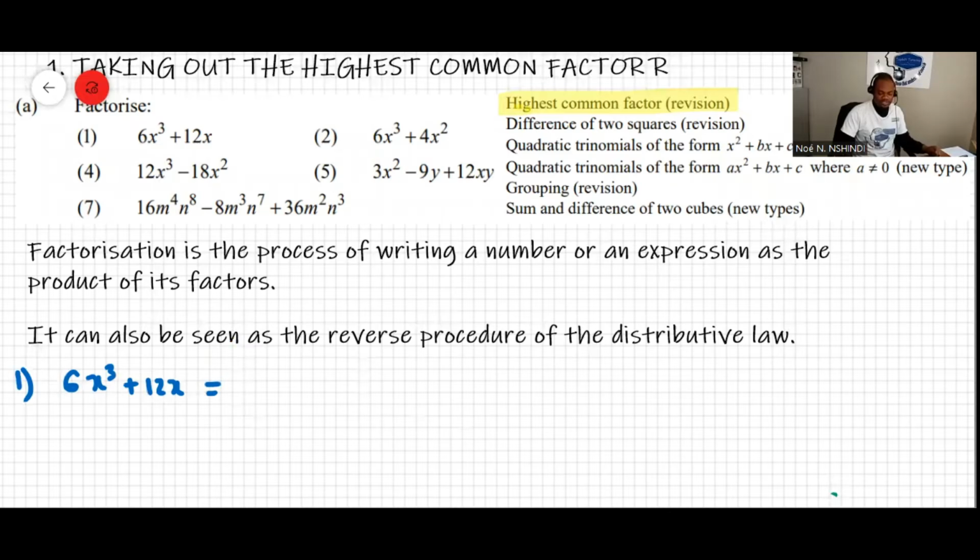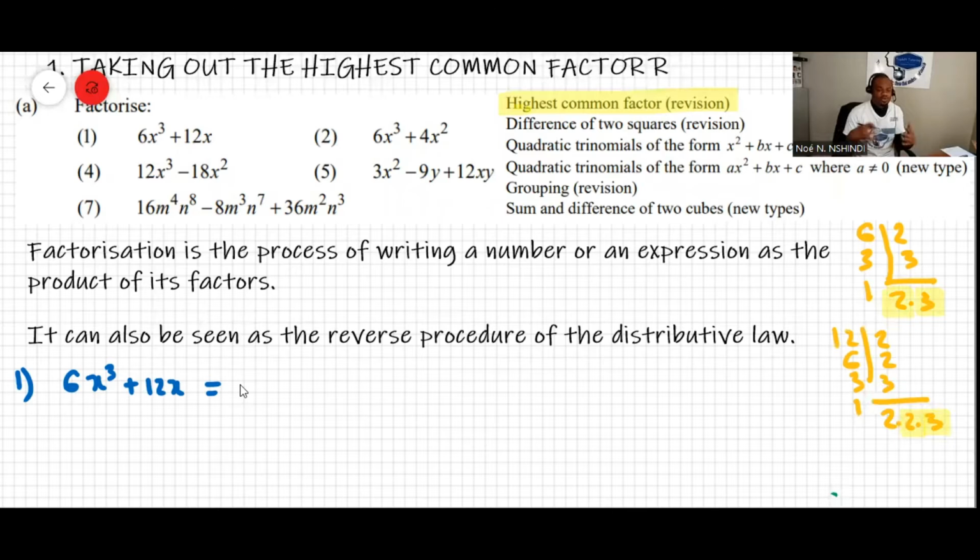The factors of 6 are 2 times 3. And then the factors of 12 will be 2 times 2 times 3. Now you notice that 2 is there and 2 is there also, 3 is there, 3 is there, so 2 and 3 are common to both, so we can take 6 as a common factor.